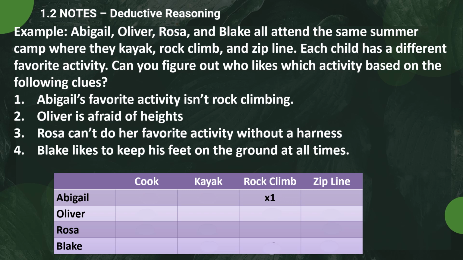That tells me the first clue eliminated rock climbing for Abigail. And that's pretty much the only thing that it eliminates for me. All right, number 2, Oliver is afraid of heights. So if Oliver is afraid of heights, then that should eliminate rock climbing and zip lining.